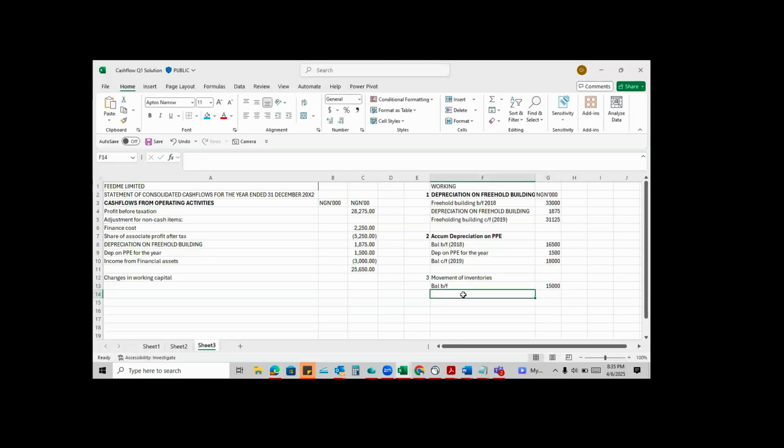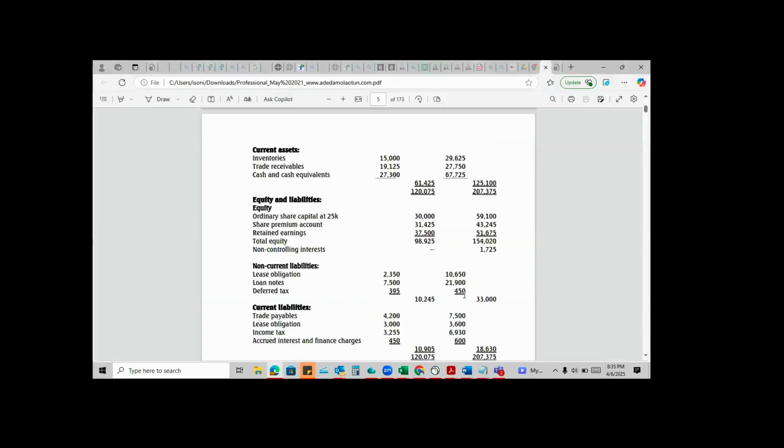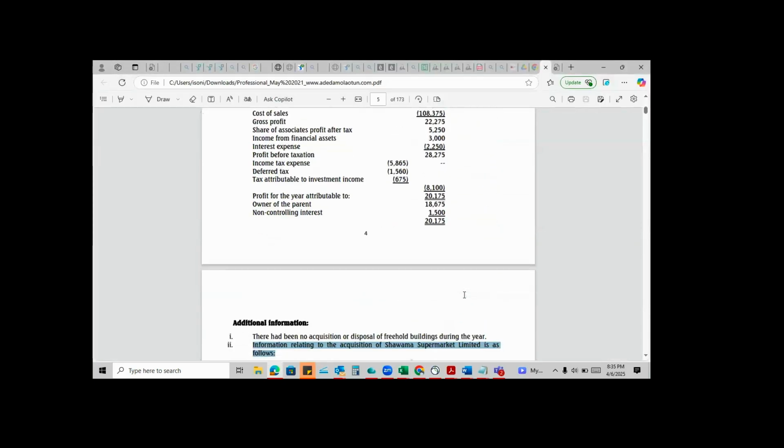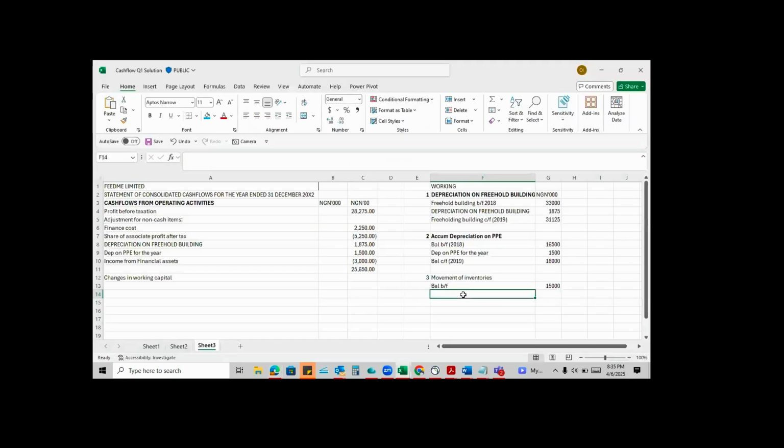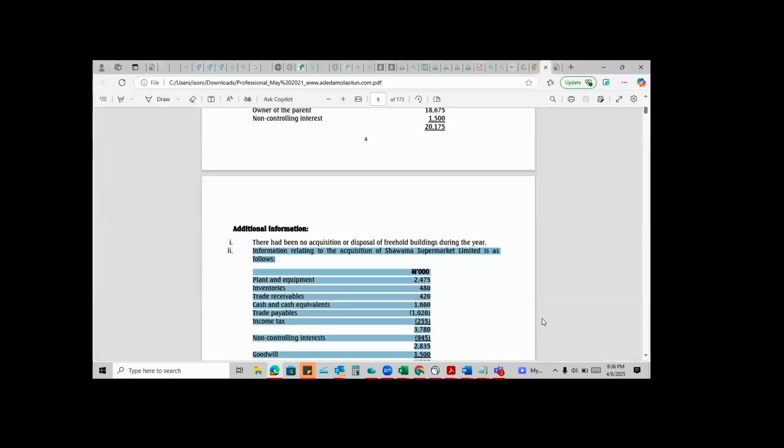Now, there was that of the supermarket. Supermarket inventory was how much? 480. So I'll say supermarket's inventory was 480. So altogether, the inventory should have been this, but our balance carried forward for 2019 is what amount?